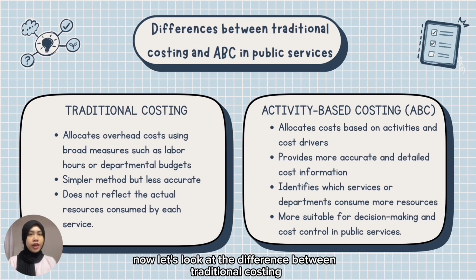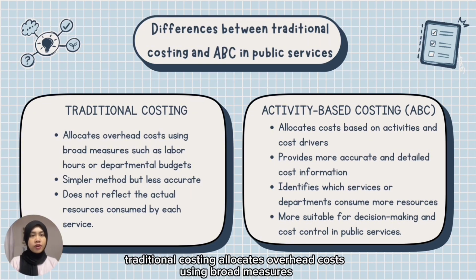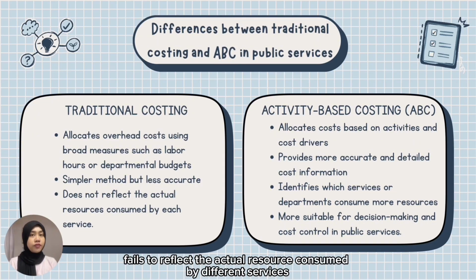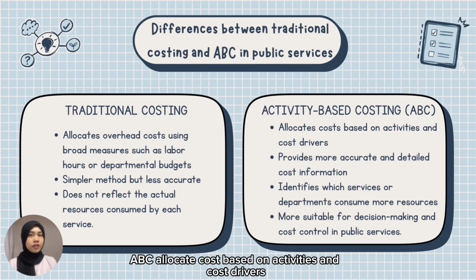Now, let's look at the difference between traditional costing and activity-based costing. Traditional costing allocates overhead costs using broad measures such as labor hours, departmental budget, or total operating costs. While this method is simple and easy to implement, it often fails to reflect the actual resources consumed by different services. On the other hand, ABC allocates costs based on activities and cost drivers.